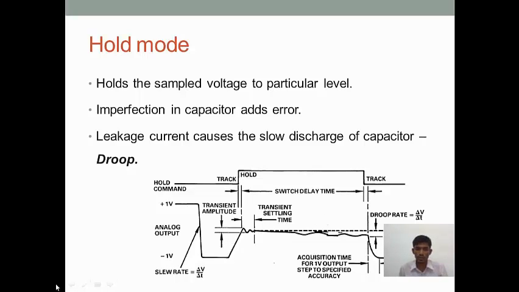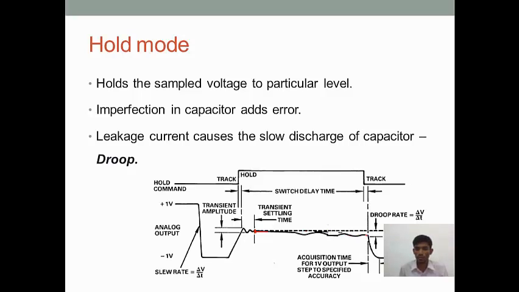We can see this waveform. This is the instant at which the capacitor gets charged. From this instant, it will discharge slowly. It will not discharge quickly as we have supplied a high output impedance, but it will discharge because of the leakage current which is present.